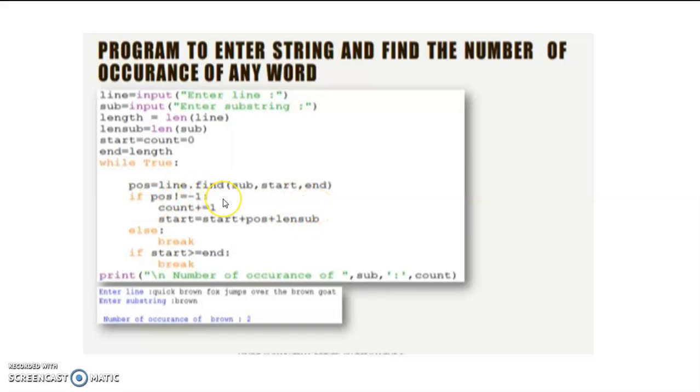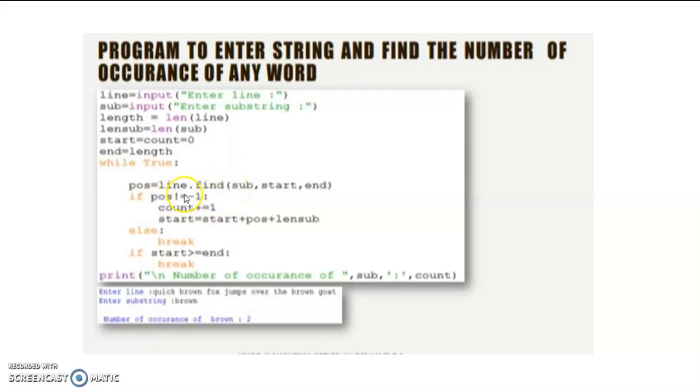The find function we already discussed in the last lecture video. It is used to check whether the given characters or a group of characters is present in a string or not. Then that index position will be returned. If the characters are not present, then it will return -1.